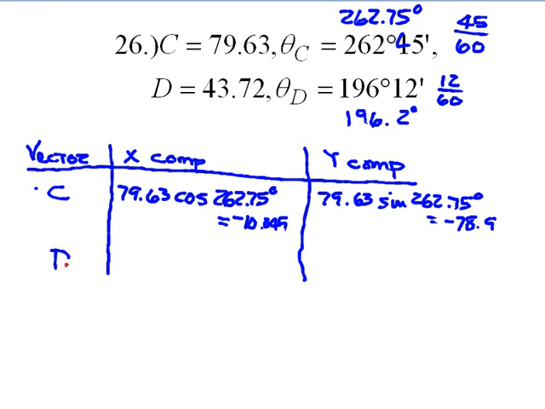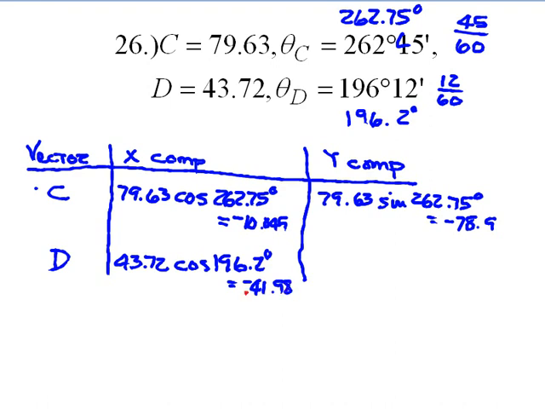Alright, the D vector. We have a new magnitude, 43.72. Cosine again, and this time we've got 196, what do we say it was, 0.2 degrees. That should equal negative 41.98.